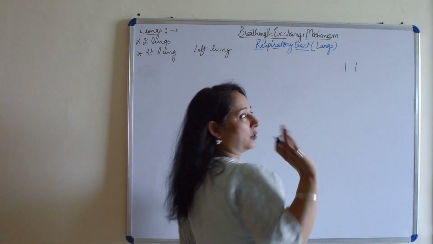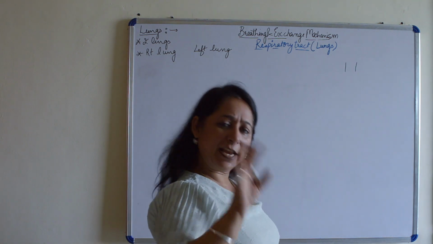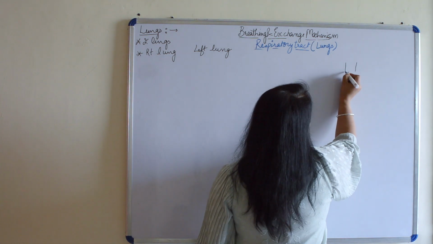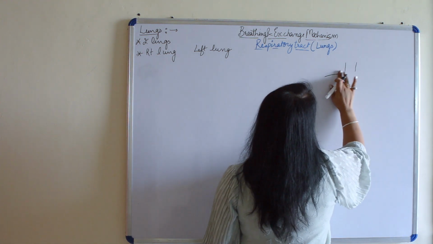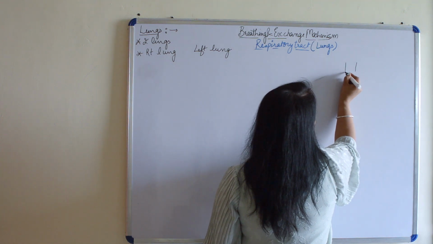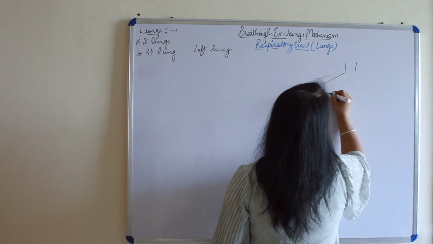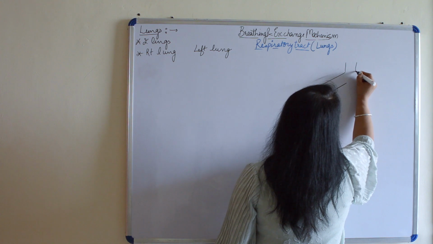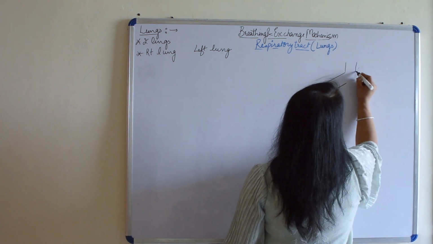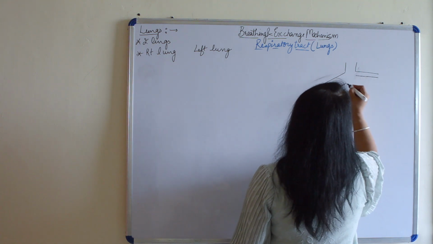This is the trachea, which we already discussed in the previous video, you can go to that video and see it. Further, the trachea divides into two bronchi. If you've seen the previous video and you remember, there was one right bronchus and the left one, the left was horizontal comparatively and narrow.